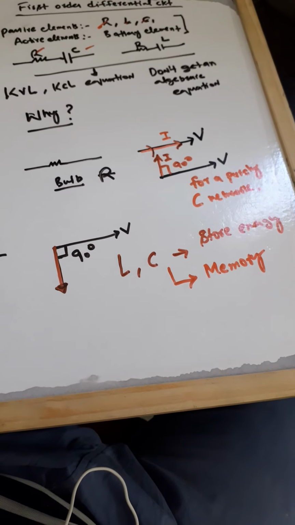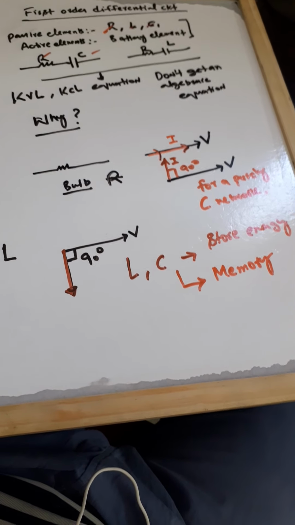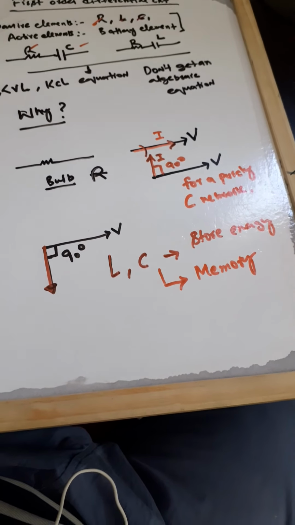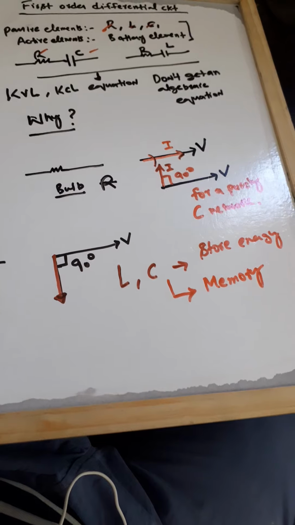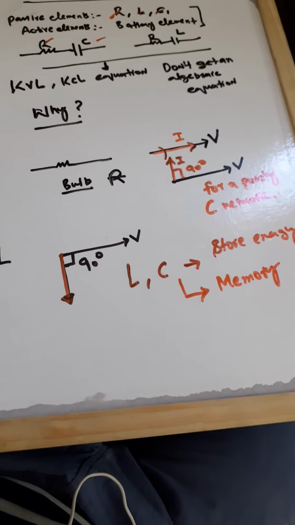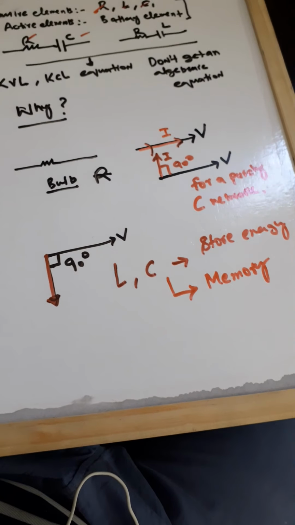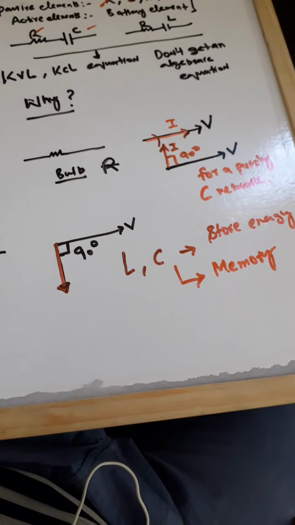So they have a certain amount of initial charge stored. These elements are associated with the initial conditions also. Inductance and capacitance can store the charge, and are called memory elements. So if you have one memory element and one resistor, then it is a first order circuit.